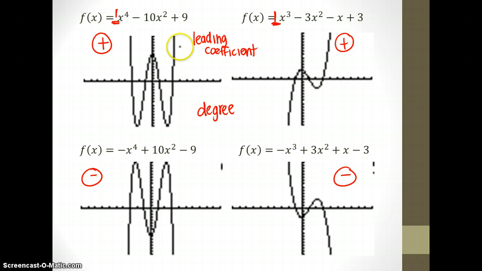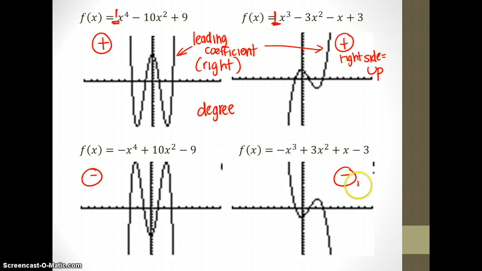When they're both positive, the leading coefficient is going to tell you what happens on the right side of the function. So you notice when they're both positive, that means on the right side your function's going up to positive infinity.